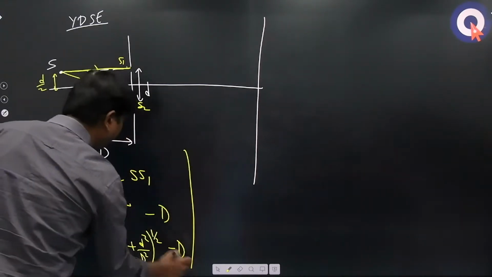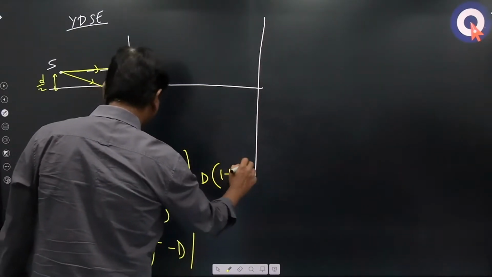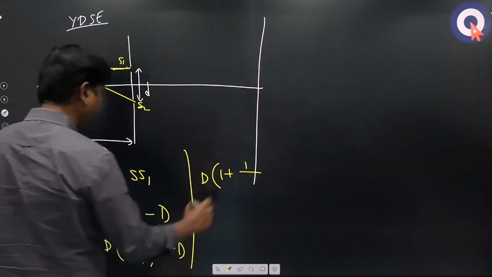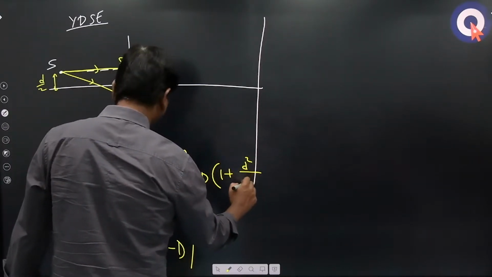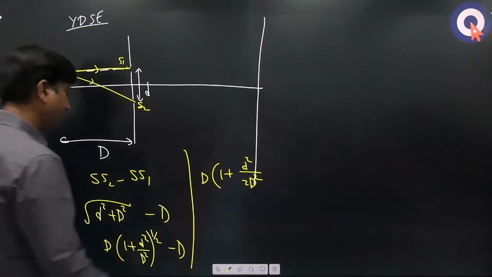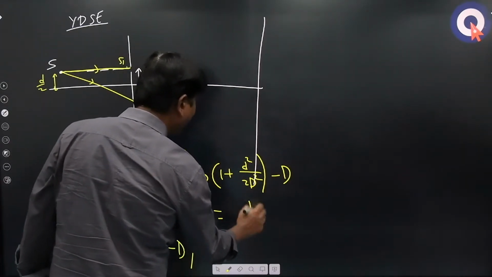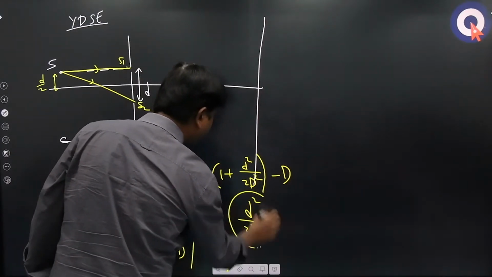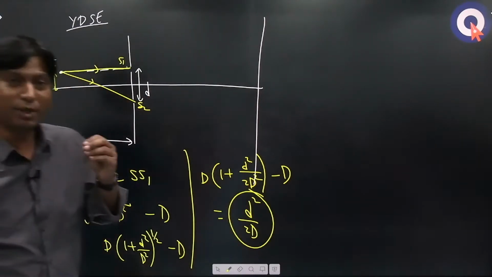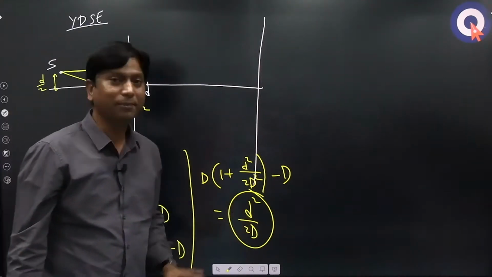Then if you apply the binomial approximation, capital D into 1 plus d square by 2 capital D square, minus capital D. That gives d square by 2 capital D. This will be the geometrical path difference, SS2 minus SS1.